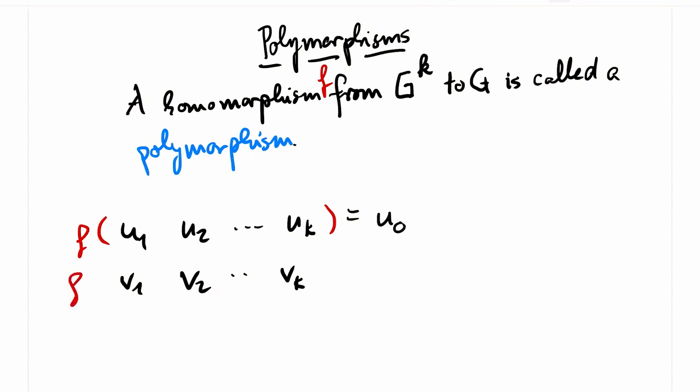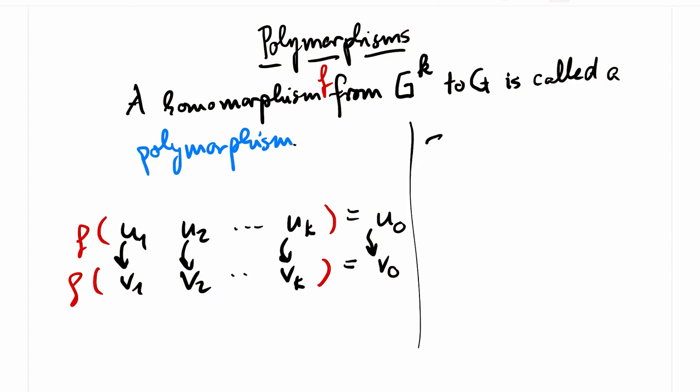Likewise, we can apply f to the endpoints of the edges, v1 up to vk, and we will obtain a new vertex v0. And to be a polymorphism is precisely to require that no matter how we've chosen the edges, indicated by little arcs now here, suppose there are arcs here, u1, v1, u2, v2, and so on, no matter how we've chosen the edges, there must be an edge between u0 and v0.